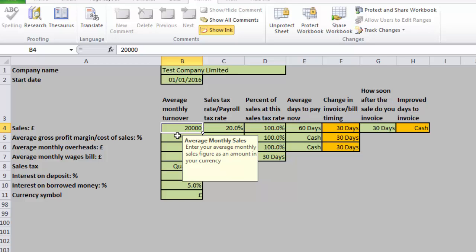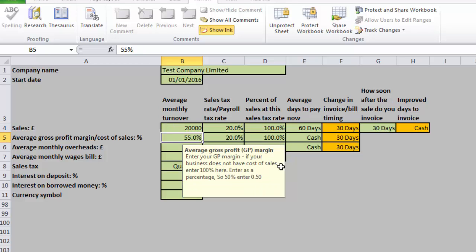Of course, if your business fluctuates, it doesn't take that into account. But for this purpose, I'm not so concerned about the fluctuations, although that will have an impact on your cash balances, and I'll explain that a little bit further once we have a look at the reports generated from this information. So I've put in £20,000 for my average monthly sales.